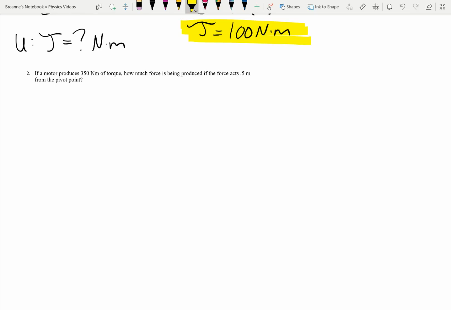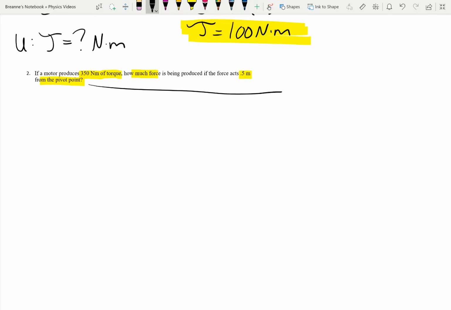So number 2, if a motor produces 350 newton meters of torque, how much force is produced if the force acts 0.5 meters from the pivot point?